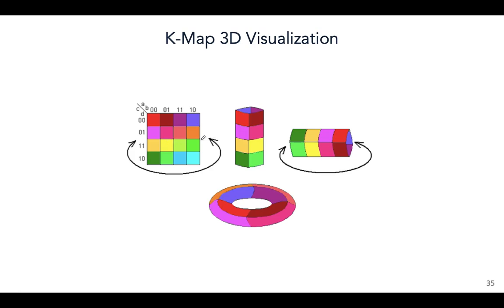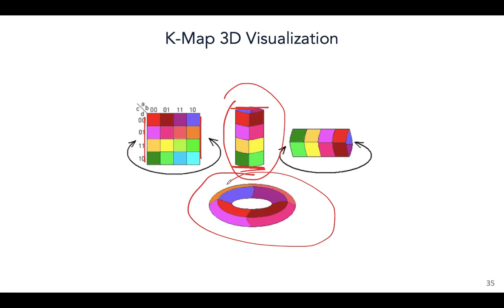First, we combine this edge with this edge to get this kind of cylindrical surface. And then we combine this edge with this edge to get this donut shape. So this is how you try to get a 3D visualization of a 4-variable K-map.